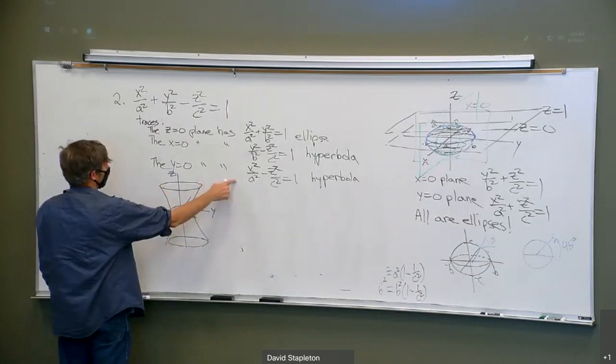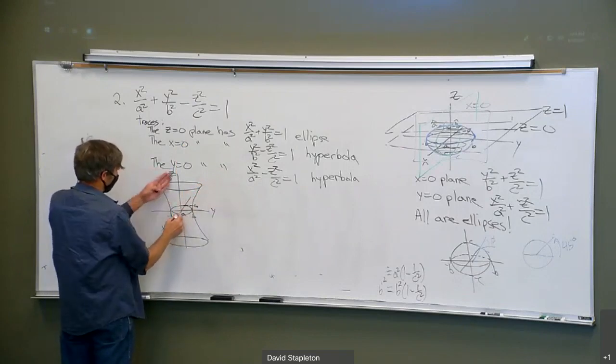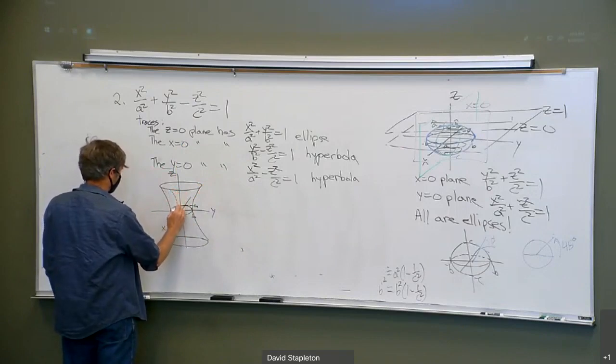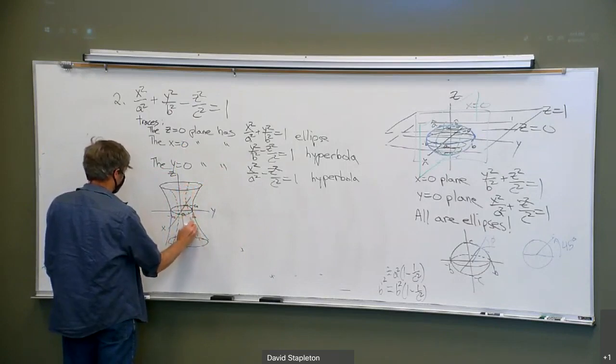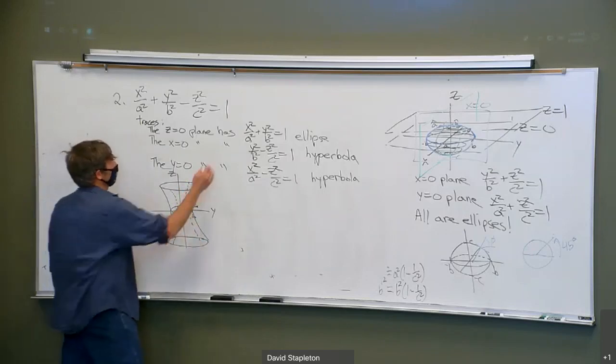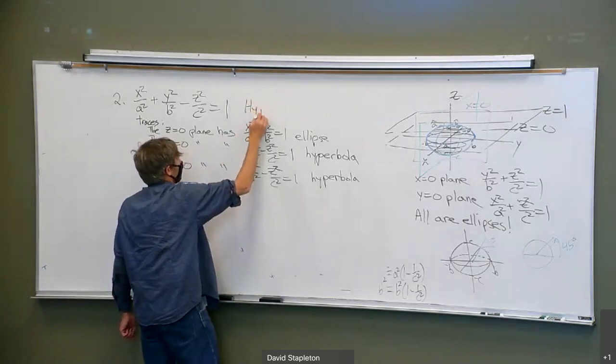And also in the xz plane, you can get hyperbolic traces. These are often not drawn because the drawing starts to look cluttered. But here is the second one, we call it a hyperboloid of one sheet.